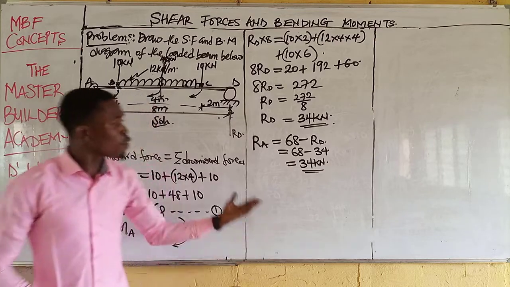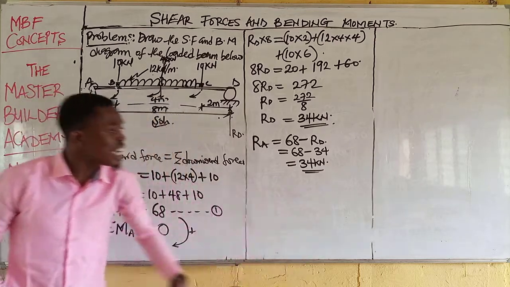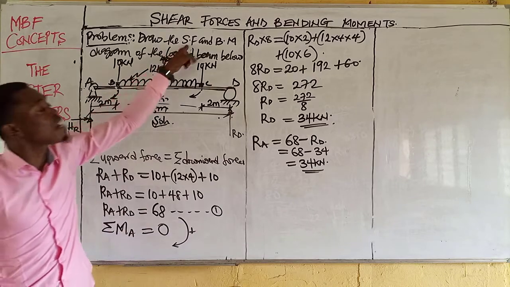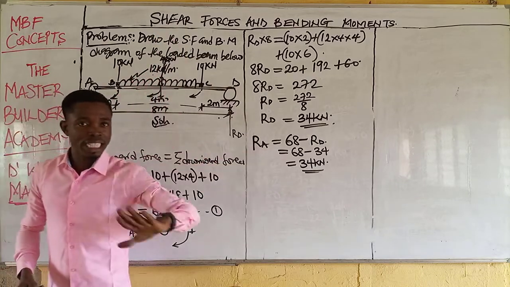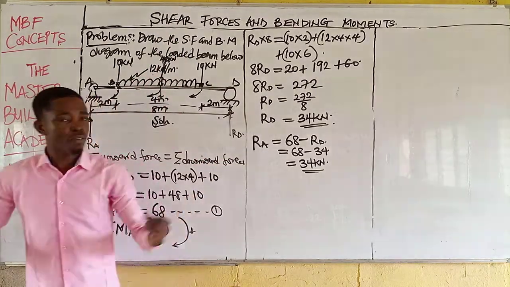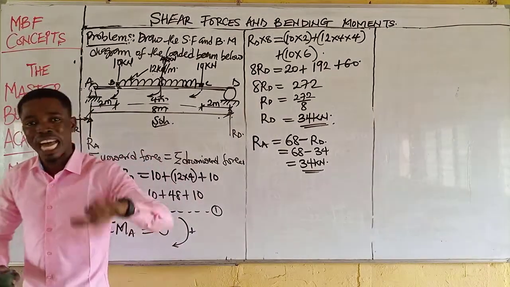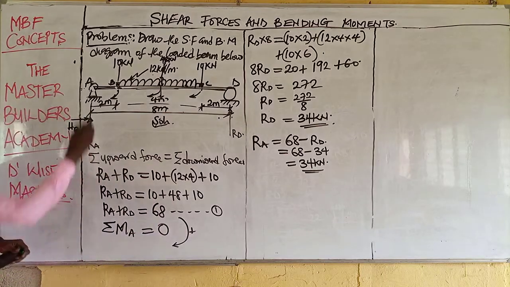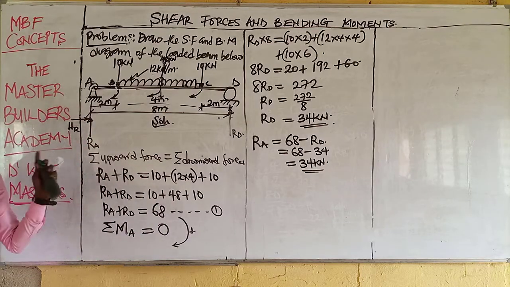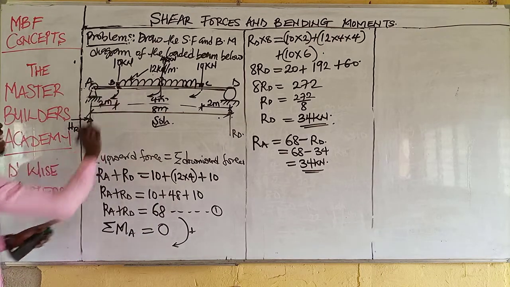That's it. Now, if we have obtained the support reaction, the next thing we do to be able to draw our shear force diagram is to obtain the internal forces. And these internal forces are forces that we obtain at points where loads or reactions are effective. At point A, there will be shear force. At point B, there will be shear force.